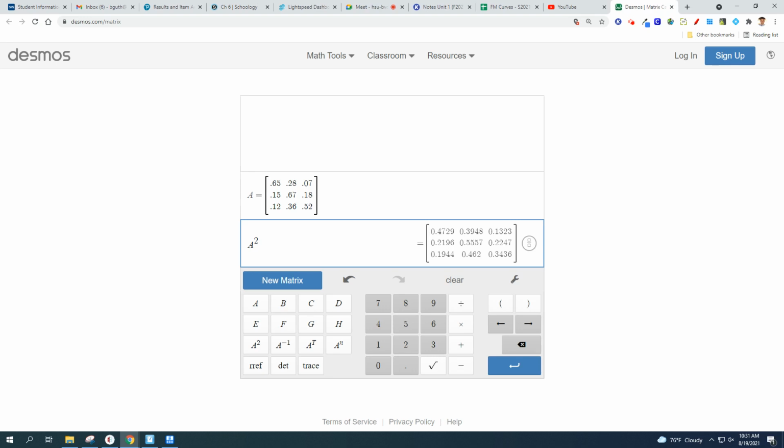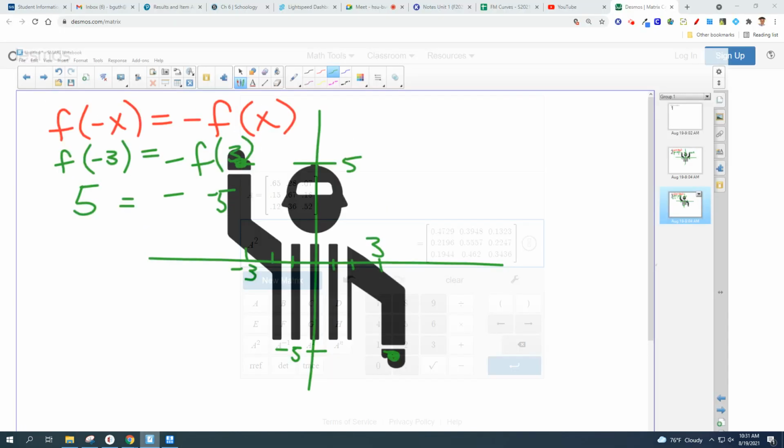But that is our P squared. All right, that is our P squared. We want to copy that over.